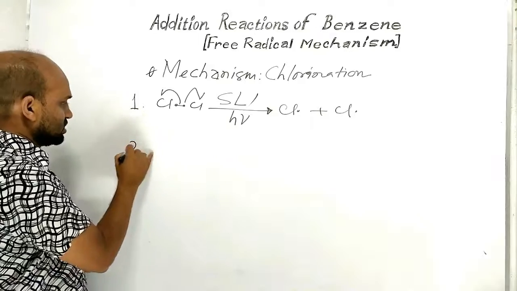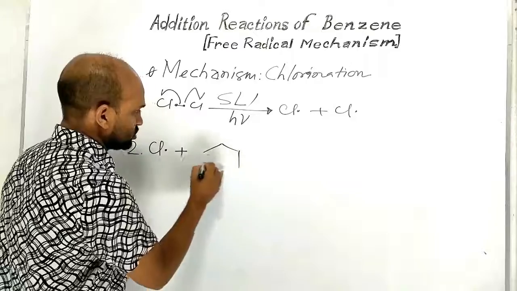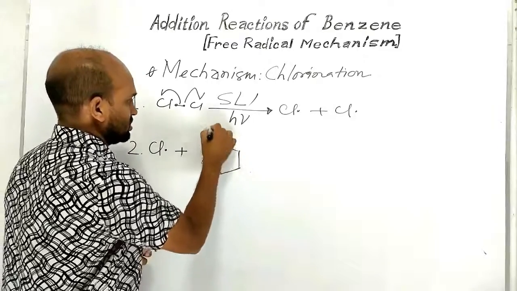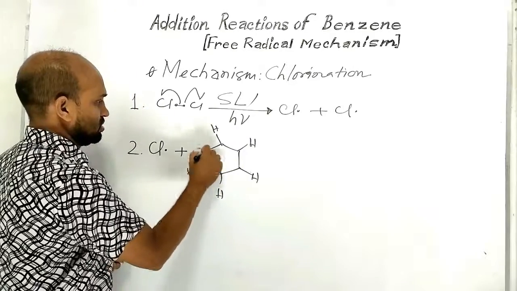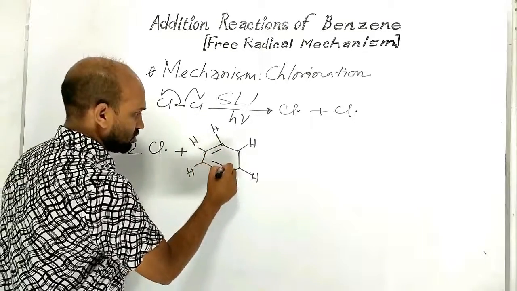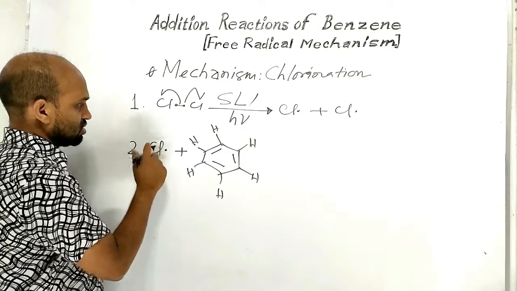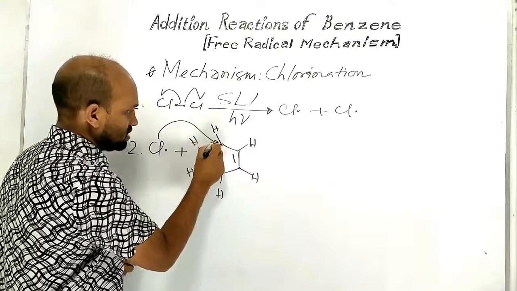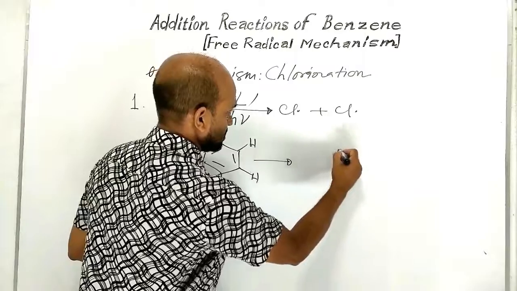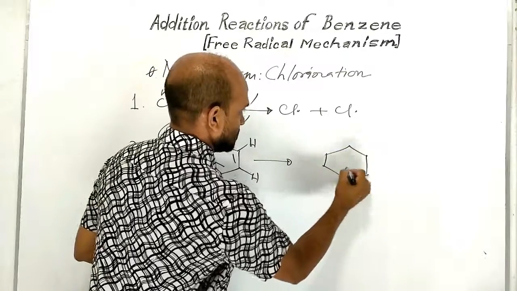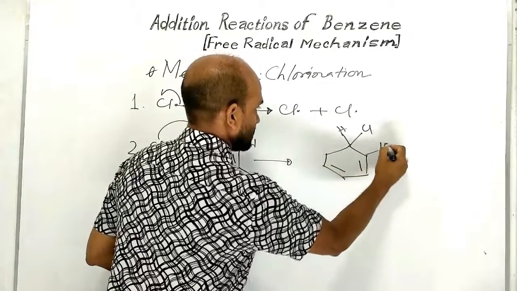In the second step, this chlorine free radical combines with this benzene, with any carbon atom of this benzene ring. Then we get hydrogen, chlorine, double bond, here hydrogen.